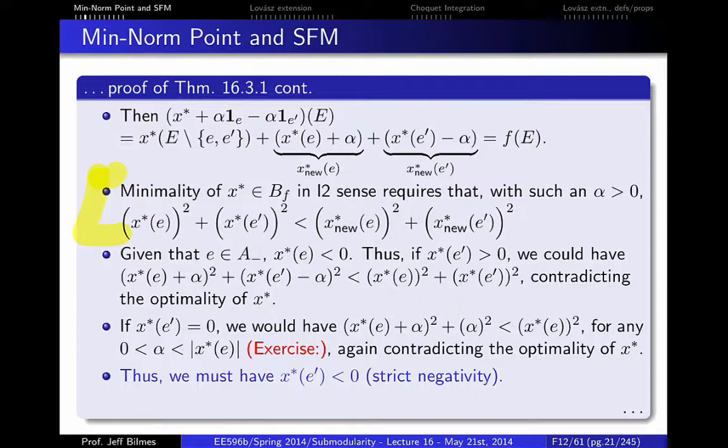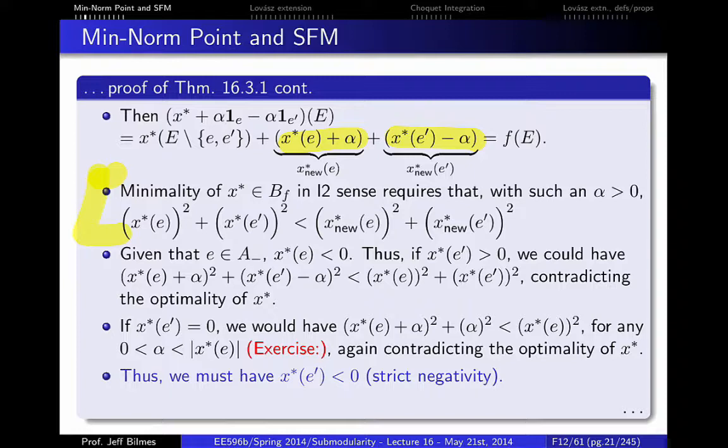Because x star is optimal in the L2 sense, it's a unique optimum. We're taking two elements and adjusting them, one of them going up and one of them going down. We've done real work, and alpha is strictly positive, so it means that we must have made the vector no longer optimal, in the sense that it's no longer minimum.